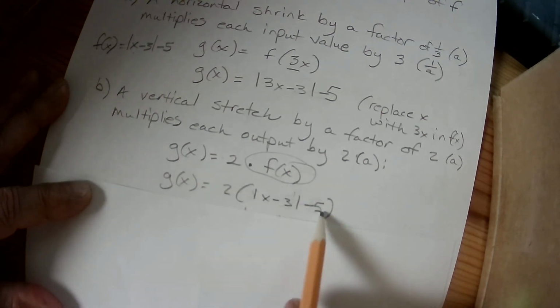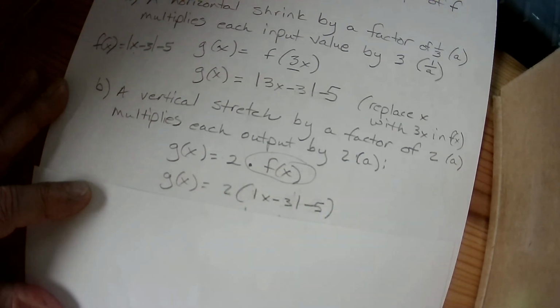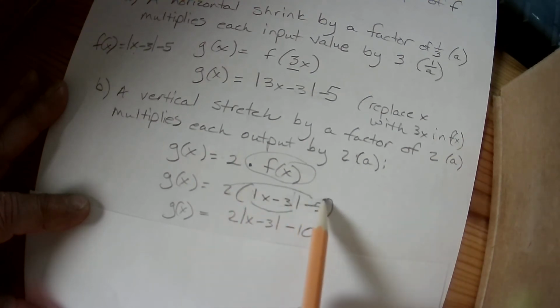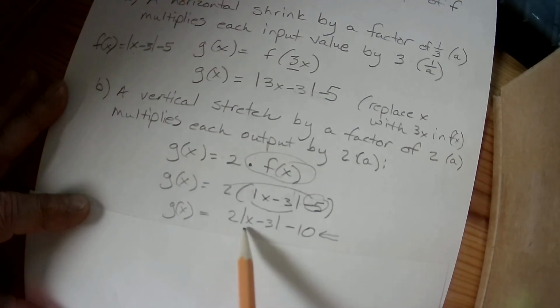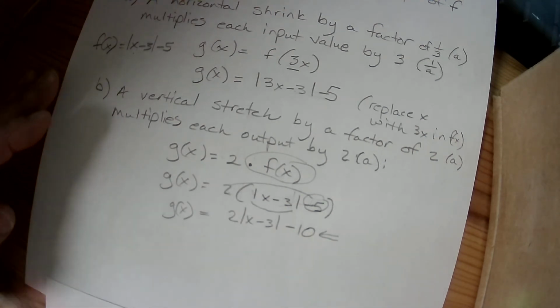So this in parentheses is f of x, and I'm multiplying the whole thing by 2. So using the distributive property, you're going to get 2 times this and 2 times this. And our answer would be 2 times the absolute value of x minus 3, minus 10. Phew.